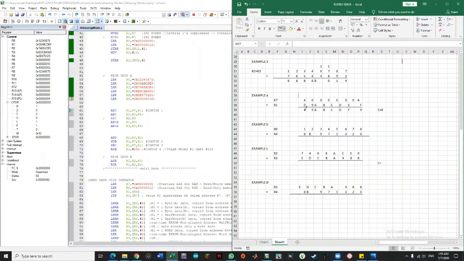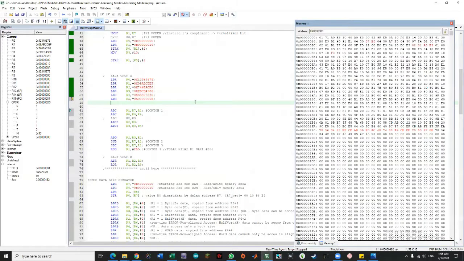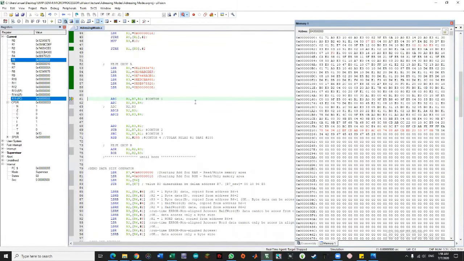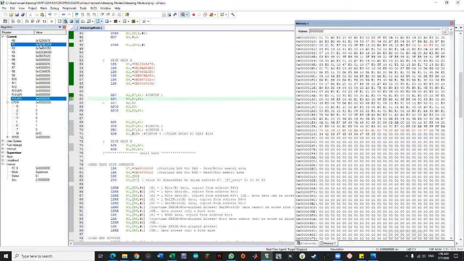It's not exceeding 15 decimal, or F. So we can say that the total value of register 1 is 49ABCDF9. So I have to run here. Okay, so we see 49ABCDF9.